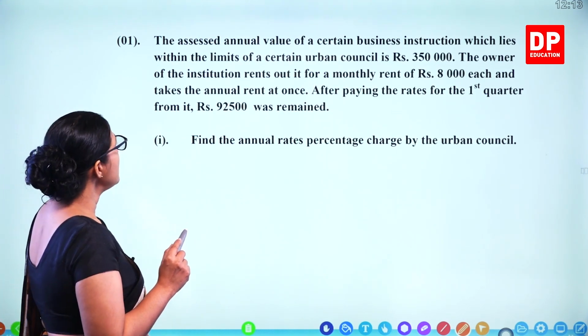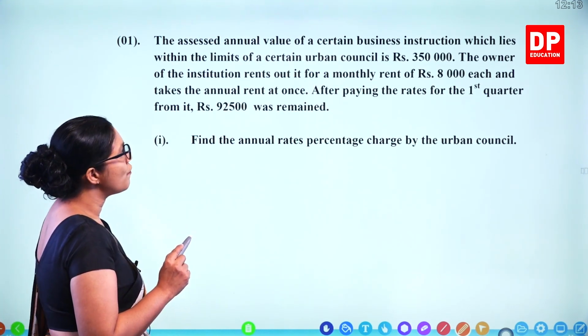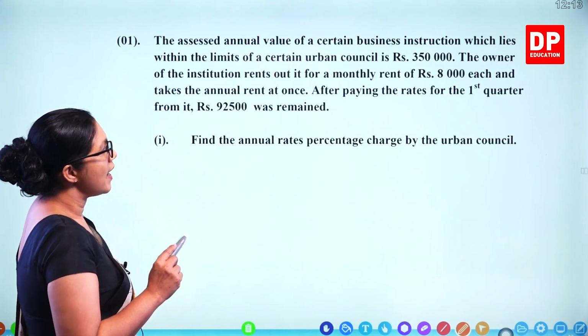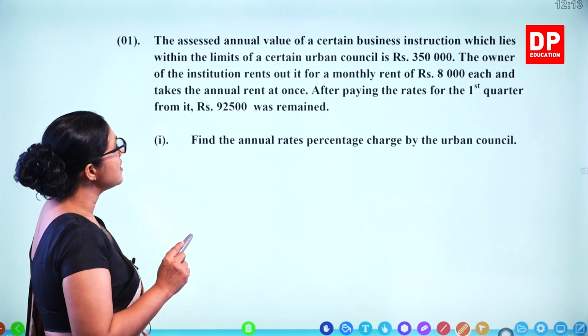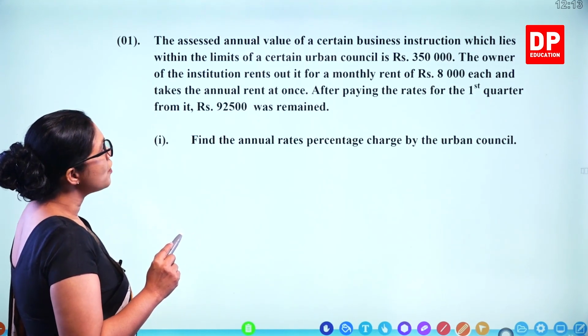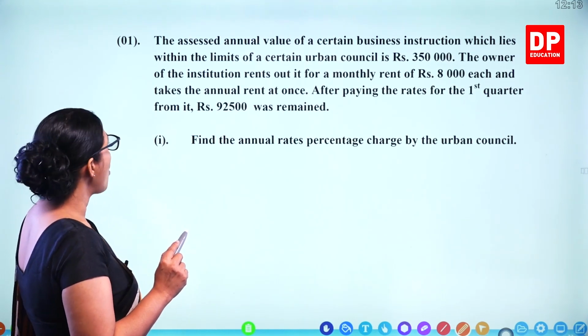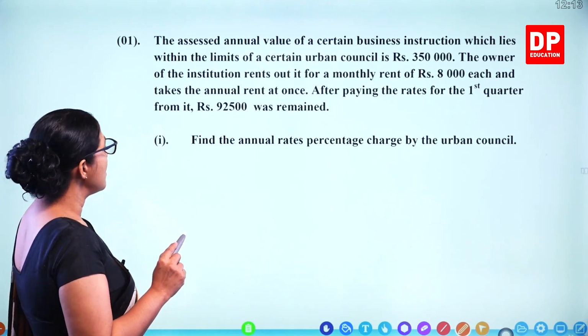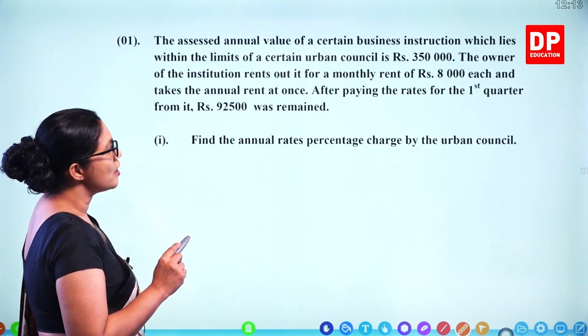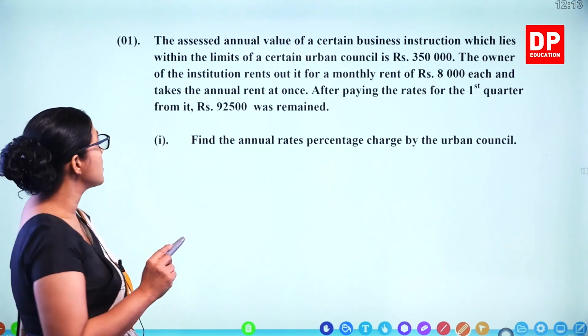The owner of the institution rents it out for a monthly rent of 8,000 rupees each and takes the annual rent at once. After paying the rates for the first quarter from it, 92,500 remained. Find the annual rates percentage charged by the urban council.